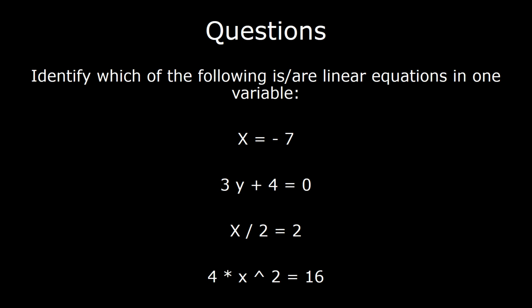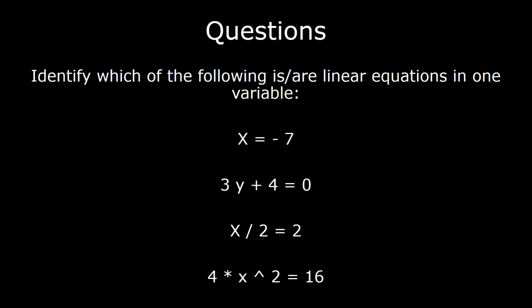Question 2. 3y plus 4 equals to 0. Now this reminds us of ax plus b equals to 0, but we don't seem to have an x here, we have a y instead. But y is a variable just like x, so it doesn't really matter, it's the same thing, right?